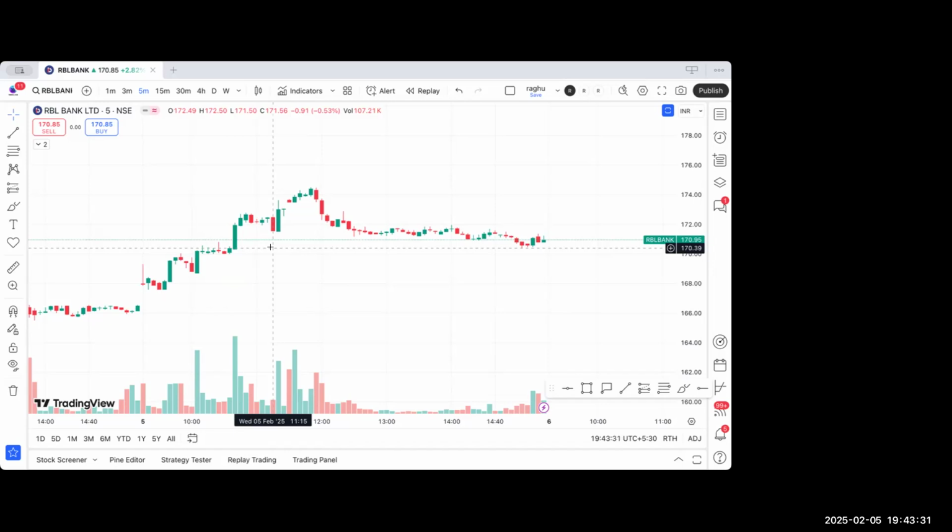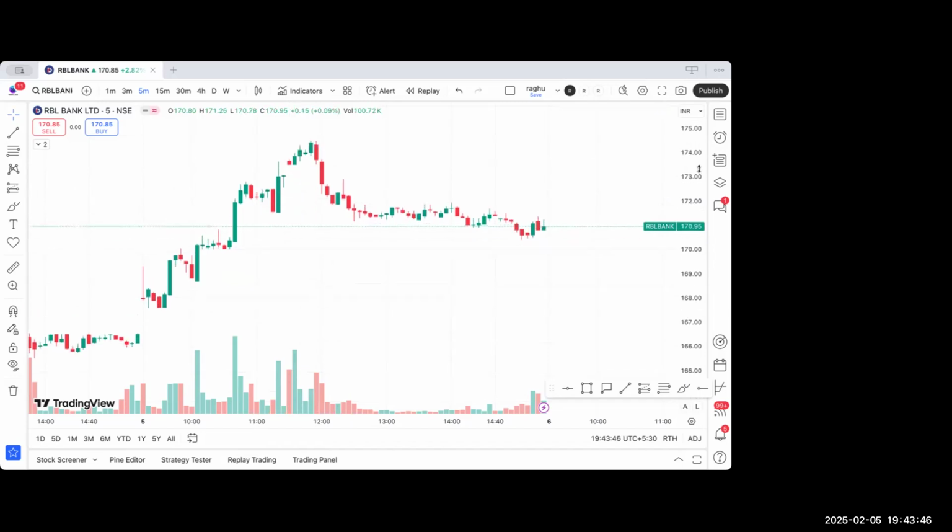So basically, till the time you understand options, never trade. If you would have taken it intraday, this is not an intraday stock because it was scalping.